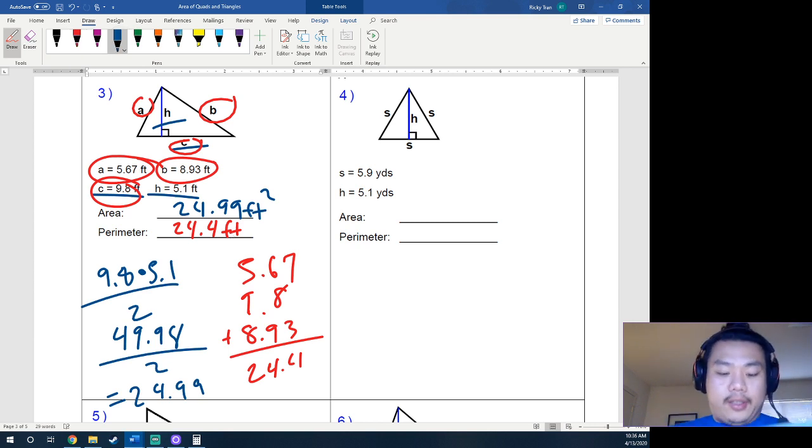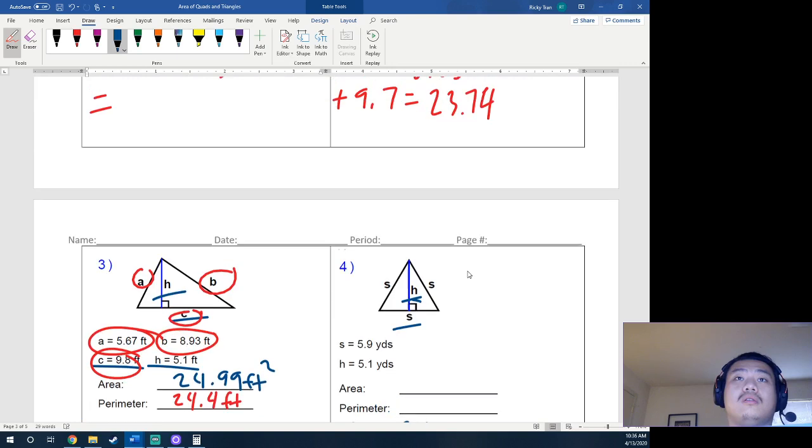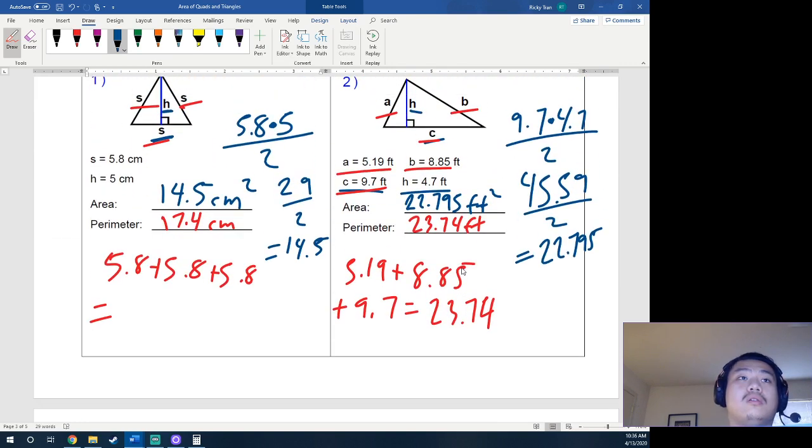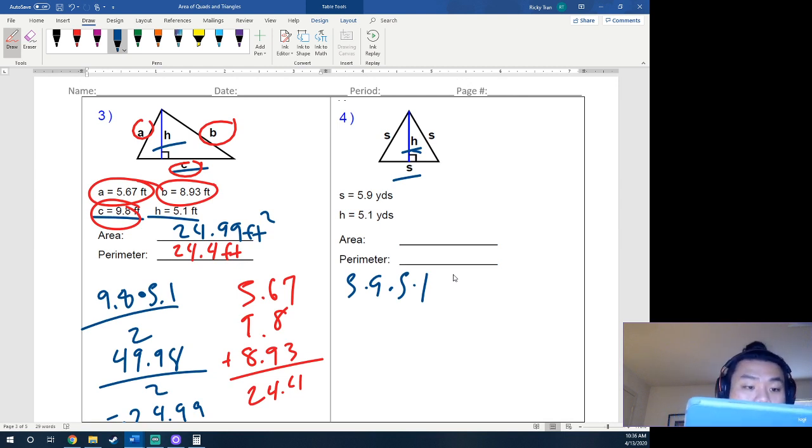let's do number 4. Same thing. We have base times height, or 5.9 times 5.1. Why do I feel like I just did this?